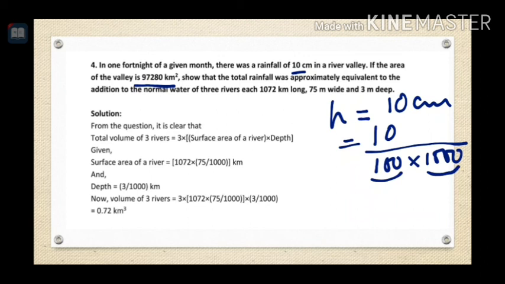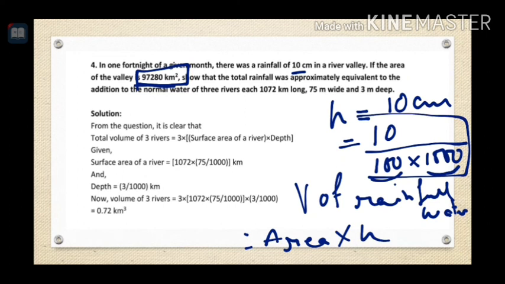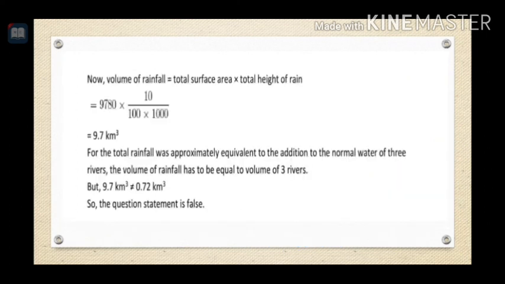So the volume of rainfall water will be area into height. Area is this much, height is equal to this value. Put it here. Volume of rainfall is equal to total surface area into total height of rain, that is 97280 into 10 by 100 into 1000.